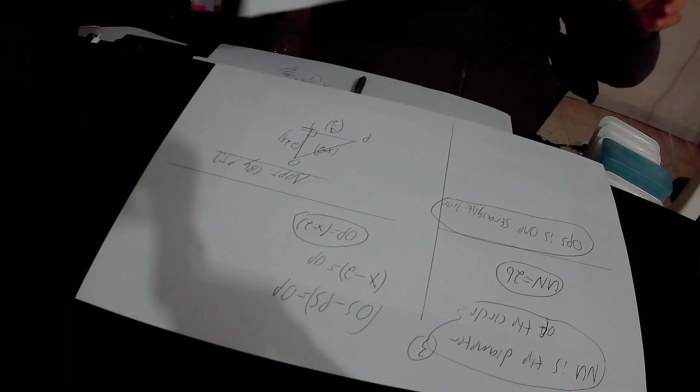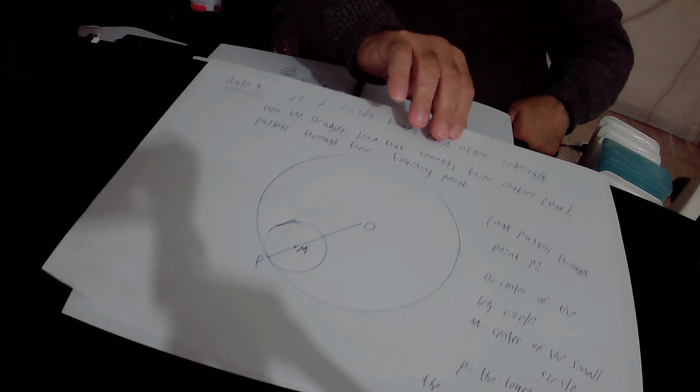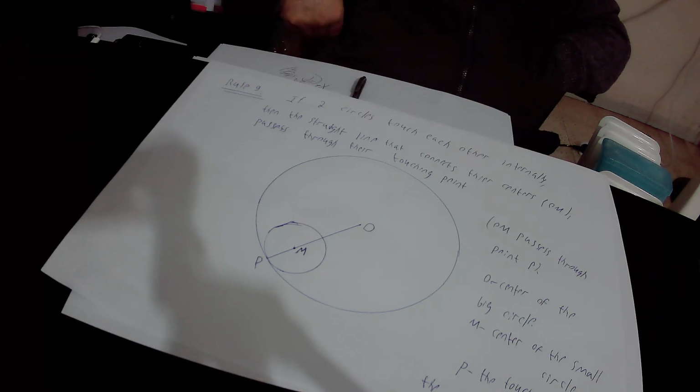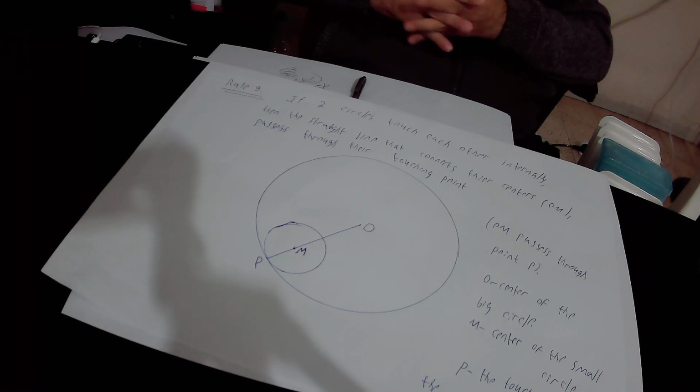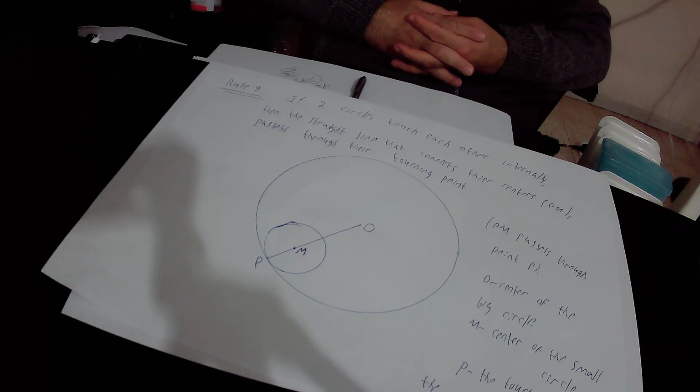Going to rule number 9. If two circles touch each other internally, then the straight line that connects their centers must pass through their touching point.